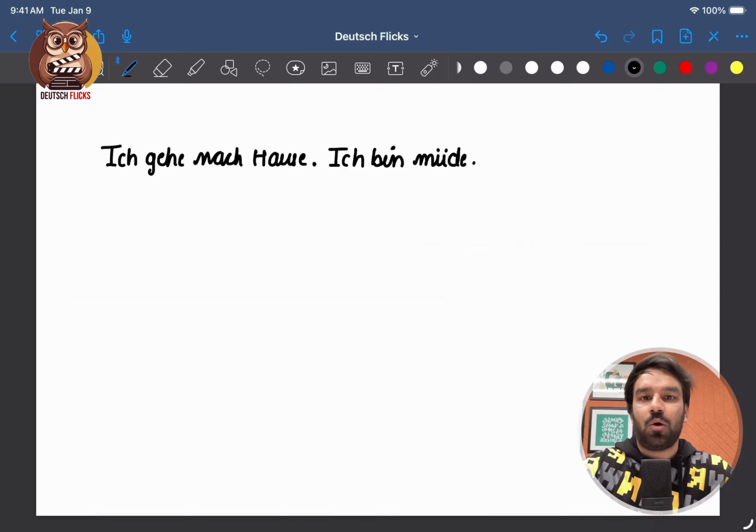Ich gehe nach Hause, I'm going home. Ich bin müde, I am tired. Now your task is to identify Hauptsatz and Nebensatz. Which one is Nebensatz? As you know, Nebensatz means subordinate or dependent clause. So which sentence is dependent on the main clause, Hauptsatz? You can pause the video and I'll show my answer in 5 seconds.